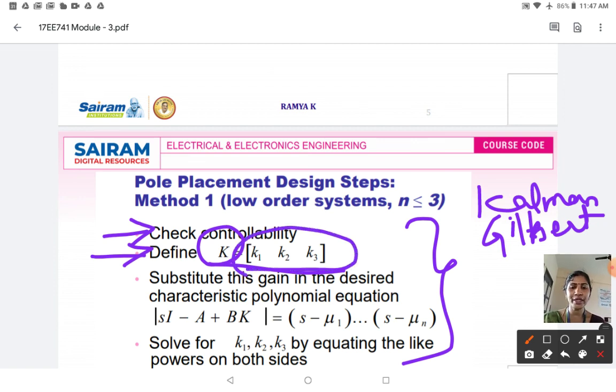Then you need to identify the closed loop characteristic equation, that is determinant of sI minus A plus BK is equal to 0. Then you need to identify the desired characteristic equation with the given poles. After that, comparing your desired characteristic equation with the original characteristic polynomial equation, it is possible for us to obtain the state feedback gain for the desired closed loop pole locations.